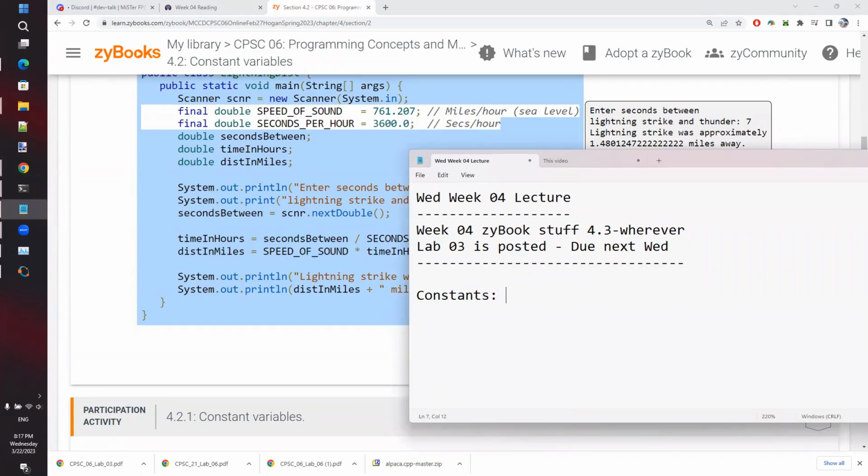Just the main point of a constant is that it's a variable where once you set the value, you will never change it.